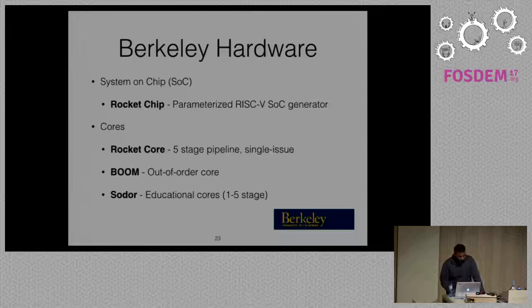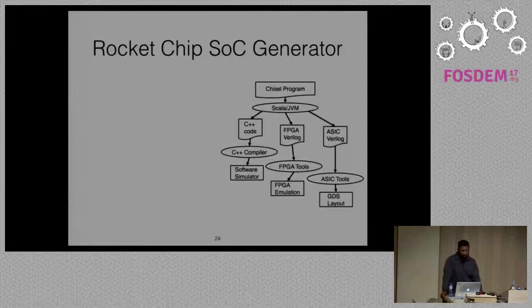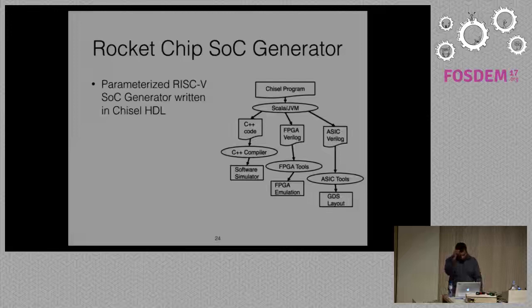A quick note about the Rocket Chip SoC generator. As I mentioned, it's a parameterized SoC generator, and it's written in the Chisel HDL. Chisel is a new hardware description language from Berkeley that's an embedded Scala DSL. Berkeley uses it, and SiFive uses it for all of their cores. By using the Rocket generator in Chisel, you're able to target a few different backends.